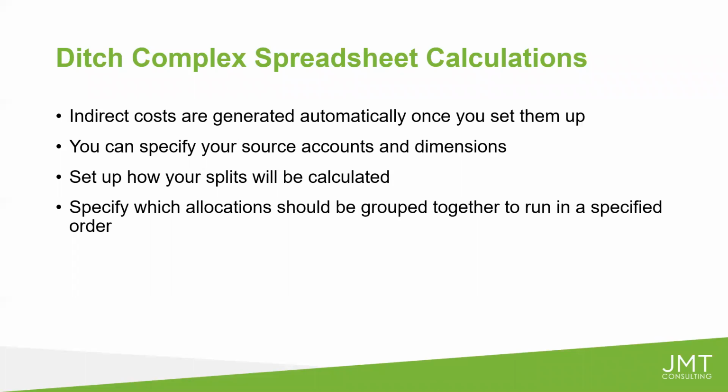You have the ability to specify your source accounts, what dimensions you want to be involved in those allocations, and how you want to split those allocations, based on statistical data or data that's already in the system as actual. And you can group them to run together or run one after another.